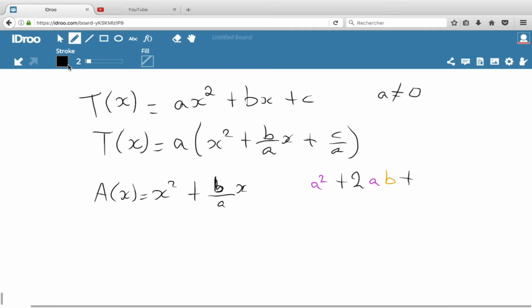Donc on veut le voir comme ceci. Because we know this has a factorization. Parce qu'on sait que ceci a une factorisation qui est la suivante, which is a plus b squared.